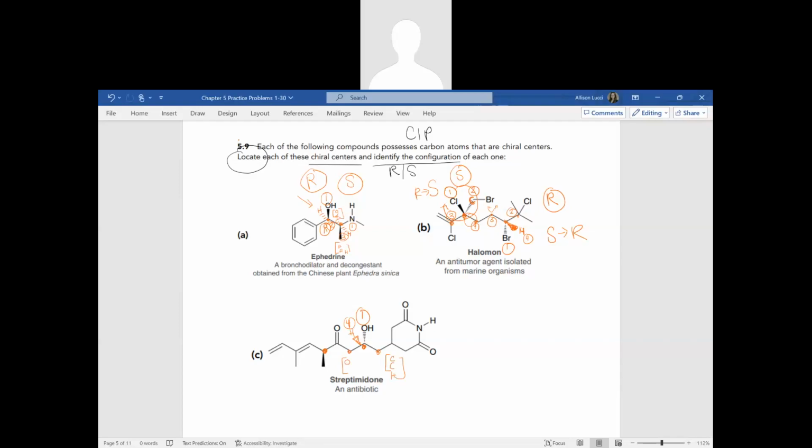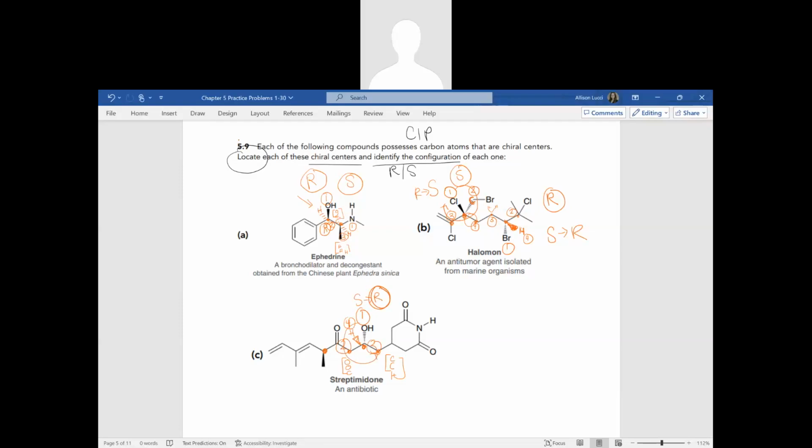So we have a higher priority on this side here, actually O, O, and C it would be bonded to. Right, so this would be my priority 2. This would be priority 3. So again, I know I need to change my configuration. So it looks like we would have an S configuration going counterclockwise. But when I invert this, I'm going to end up with an R on this carbon here, this chiral center.